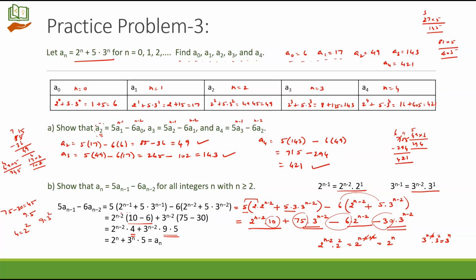So we are concluding with 2 power n after computing these two and 3 power n after computing these two. This into 5 will stay as it is. What is this? 2 power n plus 5 into 3 power n. This is nothing but the an term. So we have proved an is equal to 5 into an minus 1 minus 6 into an minus 2.